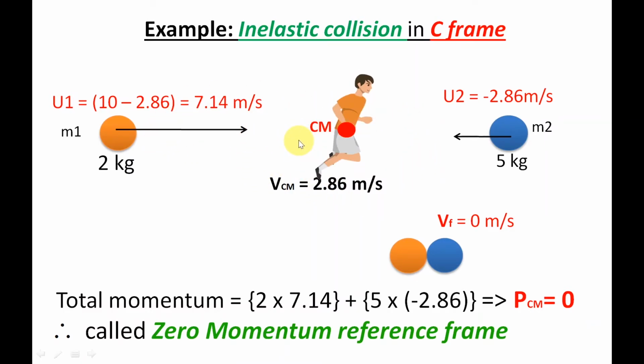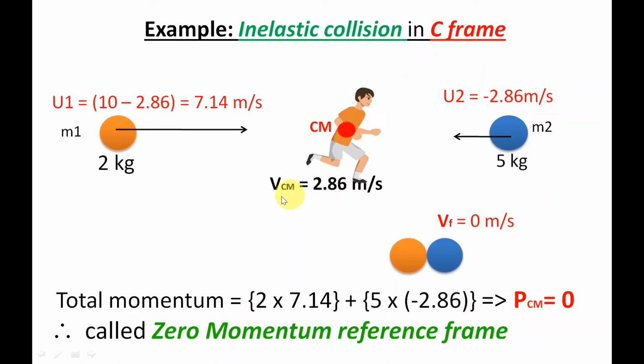Now, since he is at the center of mass, even though the center of mass may move with respect to another observer, the laboratory frame's observer, he will not feel the velocity of the center of mass. He will feel as if he is running in a single place, like people running in a gym in a single place.